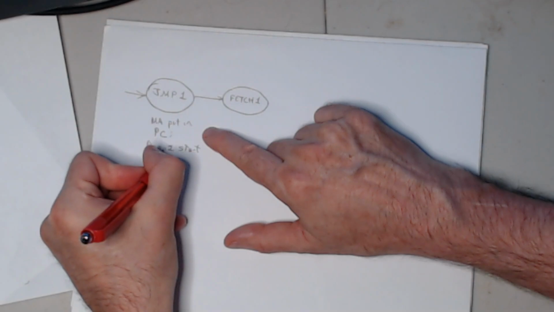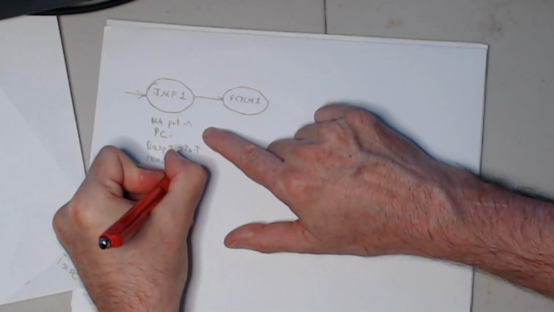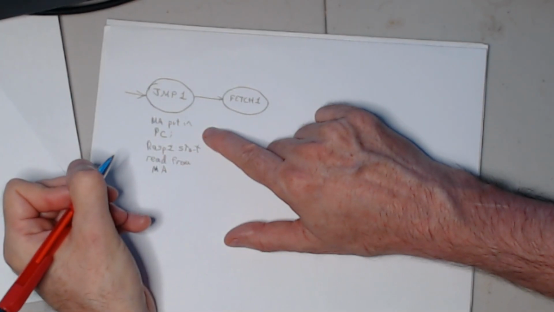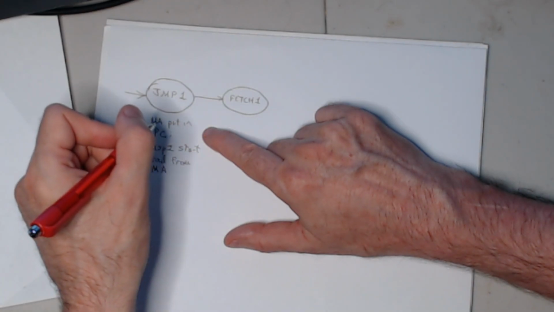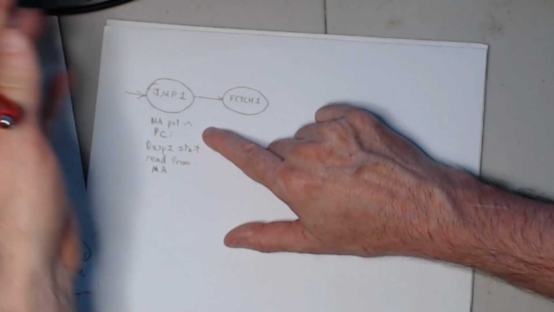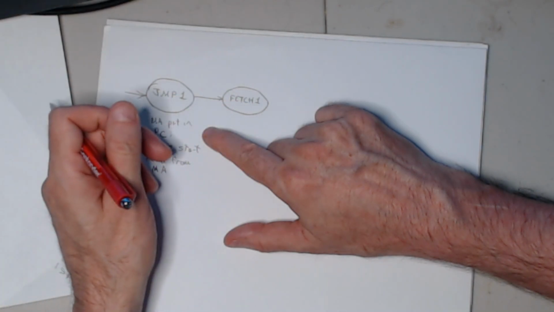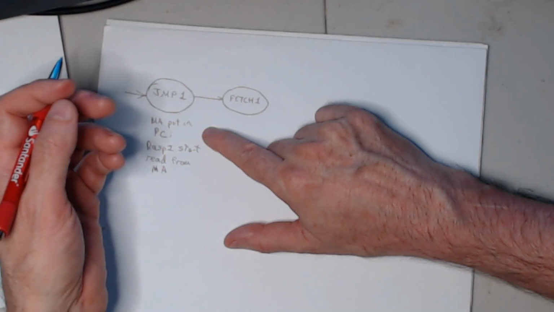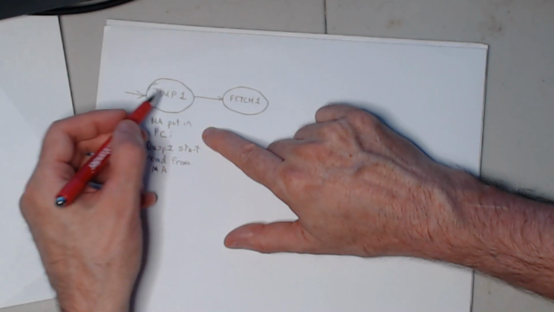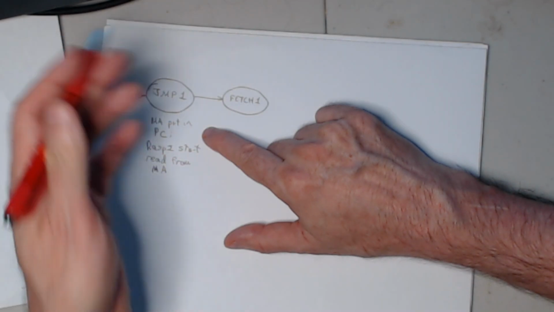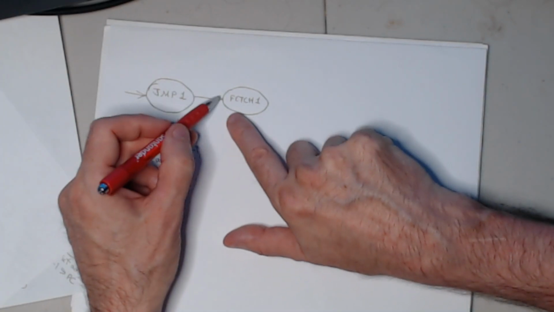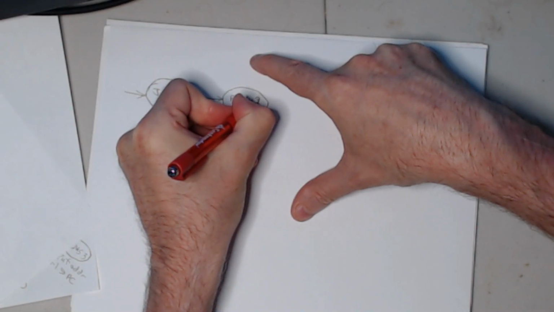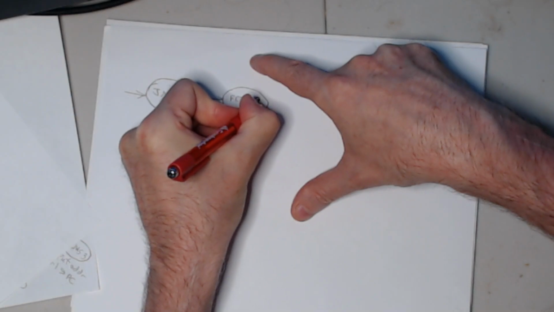So we can start a read from MA, from whatever's in the memory address register, right? Just like an AND instruction, where you're going to read the operand value that you want to AND, you're telling the Raspberry Pi to read that. Well, here you're telling the Raspberry Pi, start reading this thing here. And then instead of going to fetch 1, you can go to fetch 2. And that saves a memory cycle, or that saves a clock cycle, right?